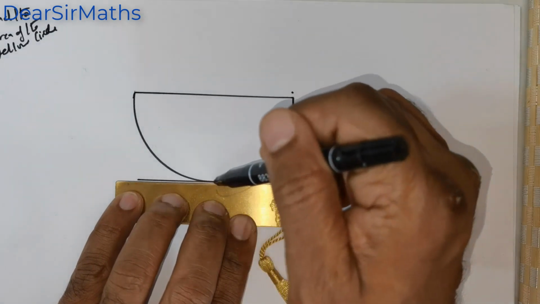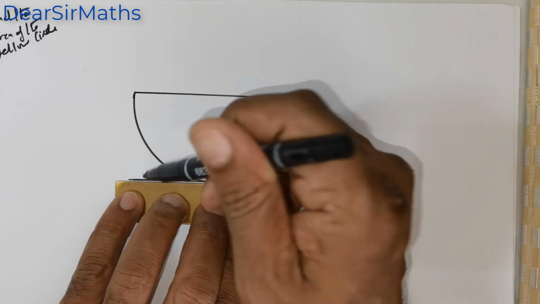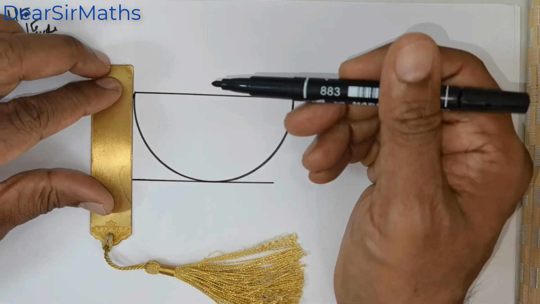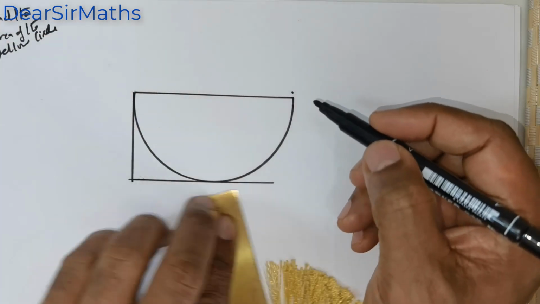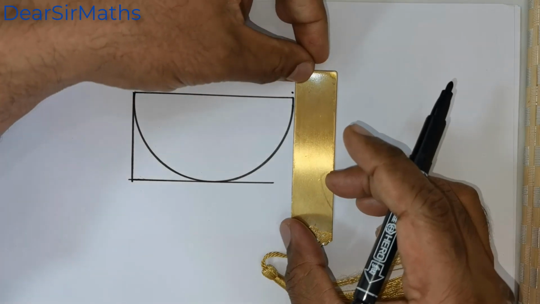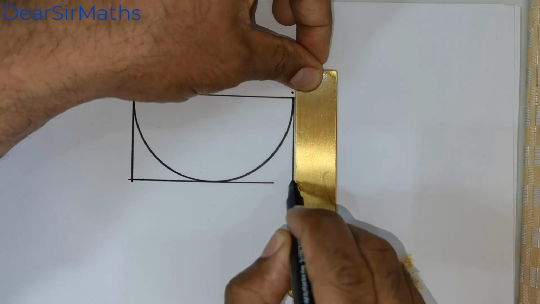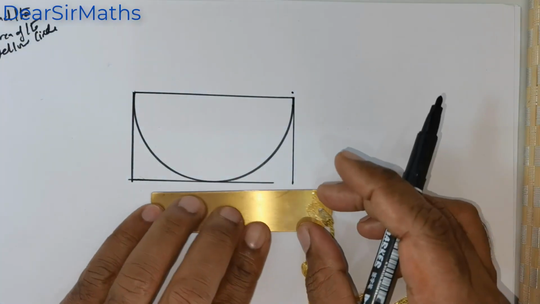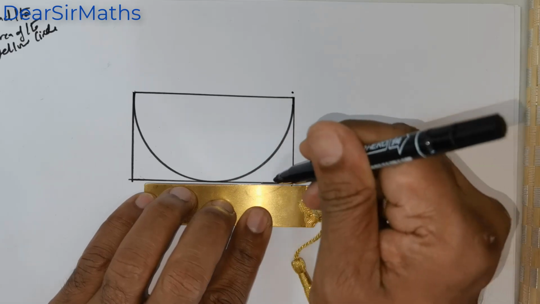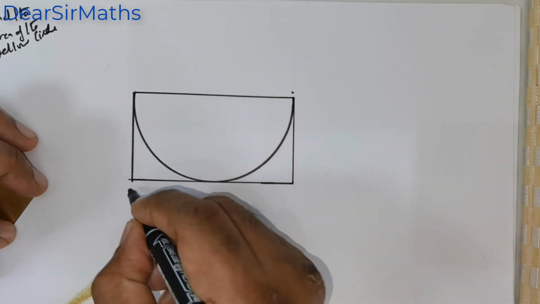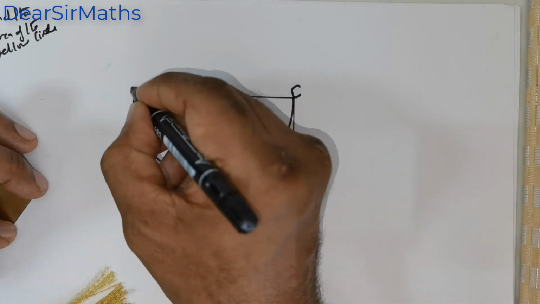So I need to get the rectangle now. So this is A, B, C and D.